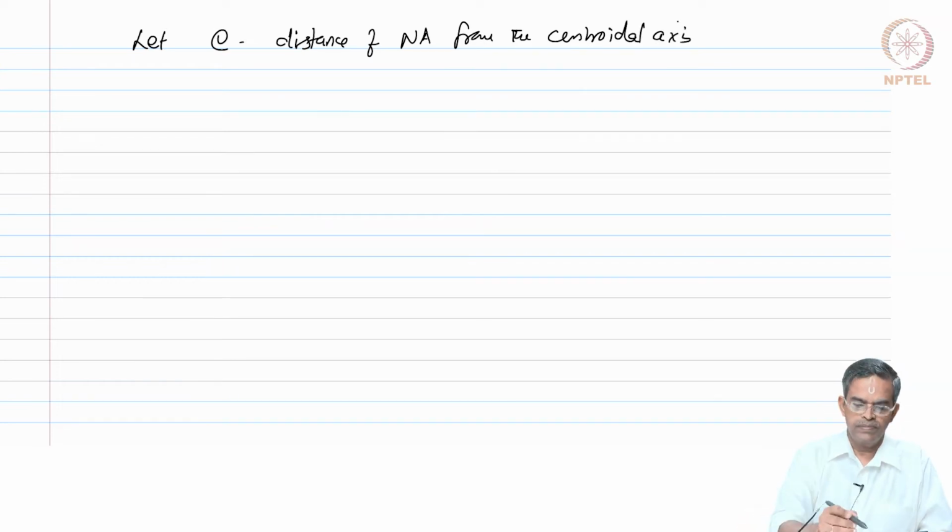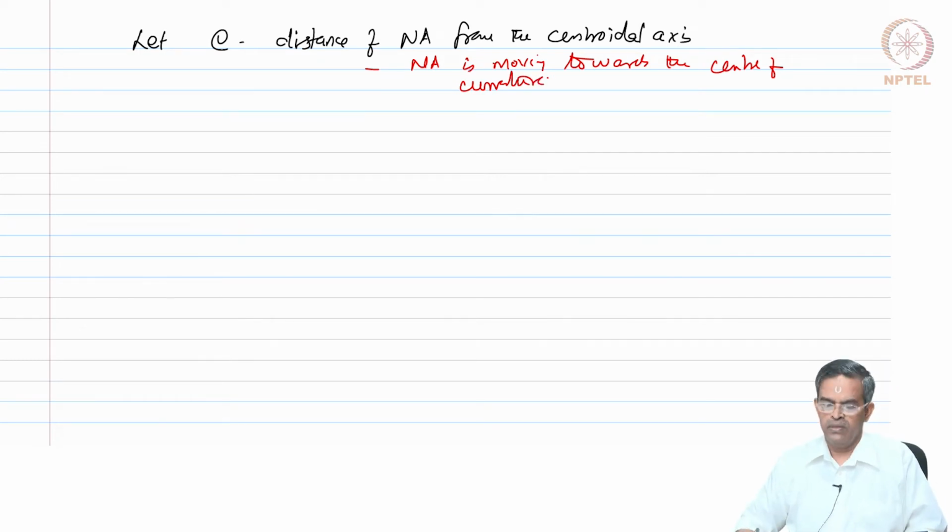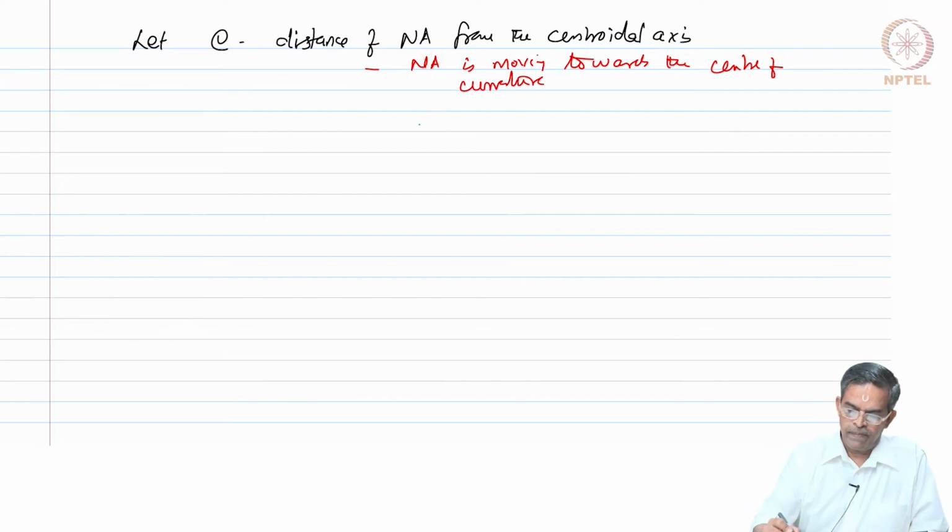Please note, neutral axis is moving towards the center of curvature. You may ask me a question, how this has happened, why it cannot move away from the curvature? Very interesting.